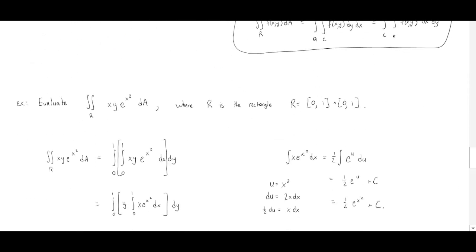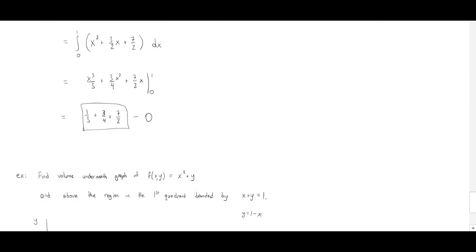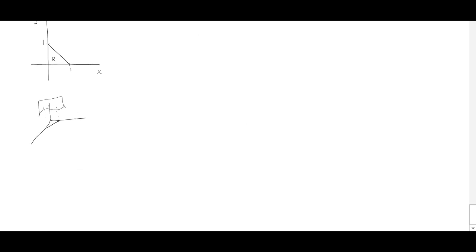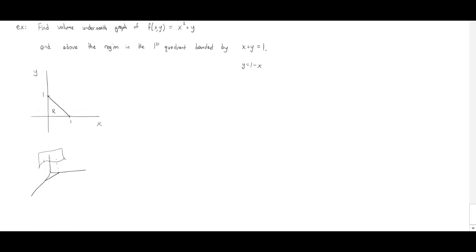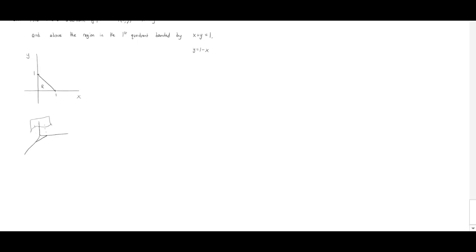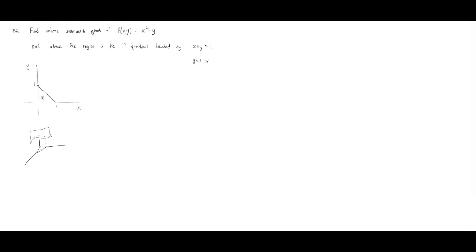I don't think you guys had any, you might have had some problems like this in your assignment, but if not, you'll definitely see this a lot more in the future. So if you haven't seen it yet, this will just be like a peek into the future. Alright, so to get the volume, it should be the double integral over this region of our function.